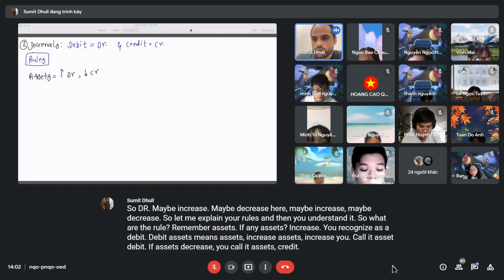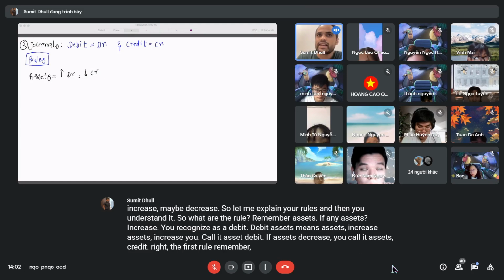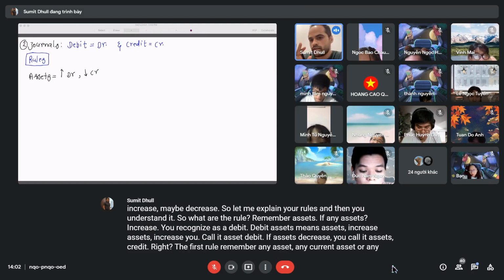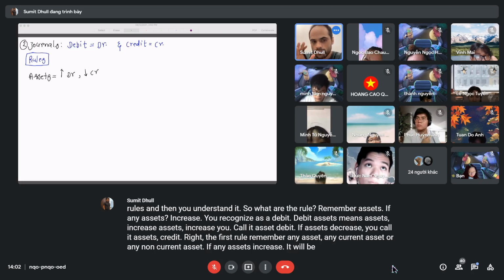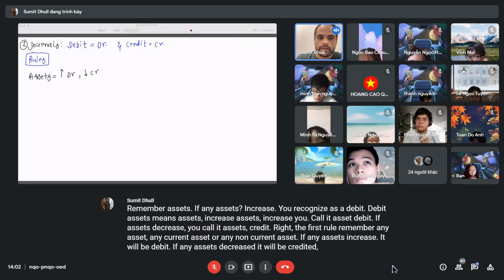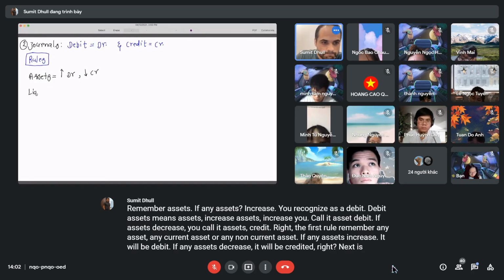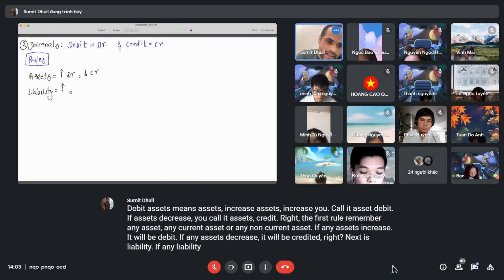The first rule, remember, applies to any asset, any current asset or non-current asset. If any assets increase, it will be debit. If any assets decrease, it will be credit. Next is liability. If any liability increases, liability will be credit.